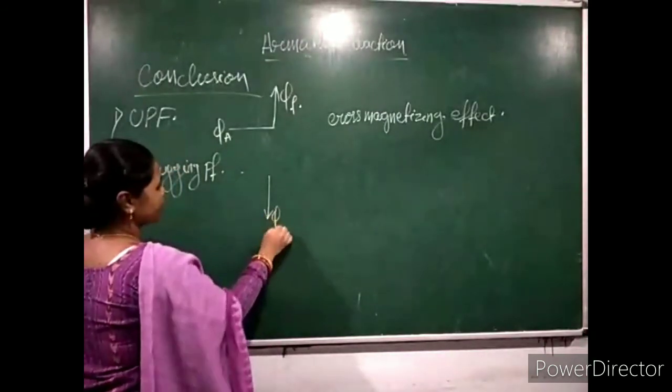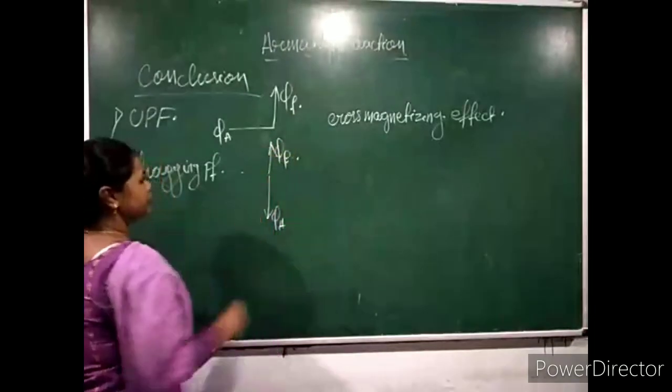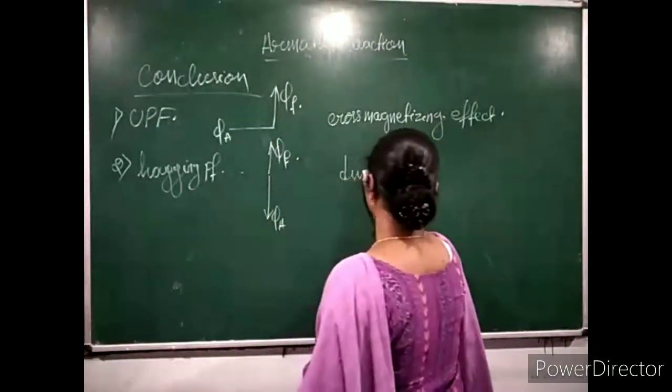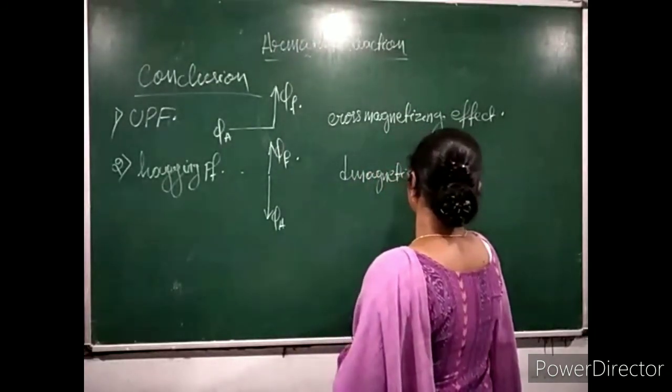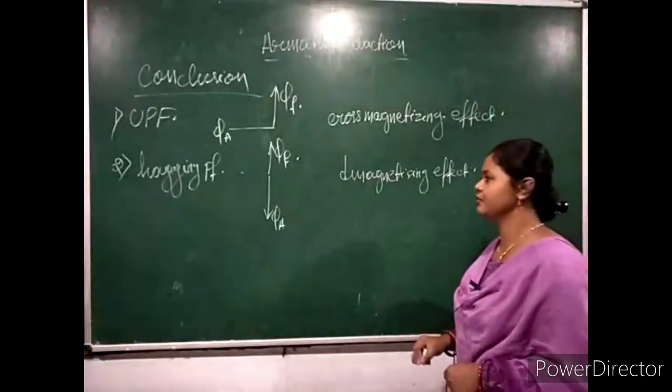the armature flux and field flux are opposite to each other, and this type of effect is called demagnetizing effect, if the load is purely inductive.